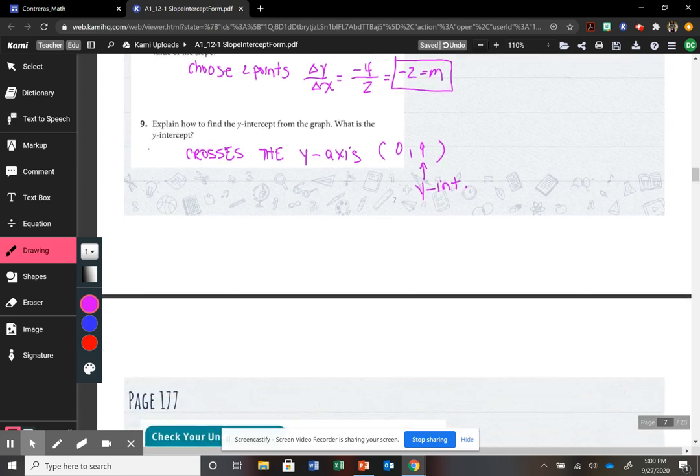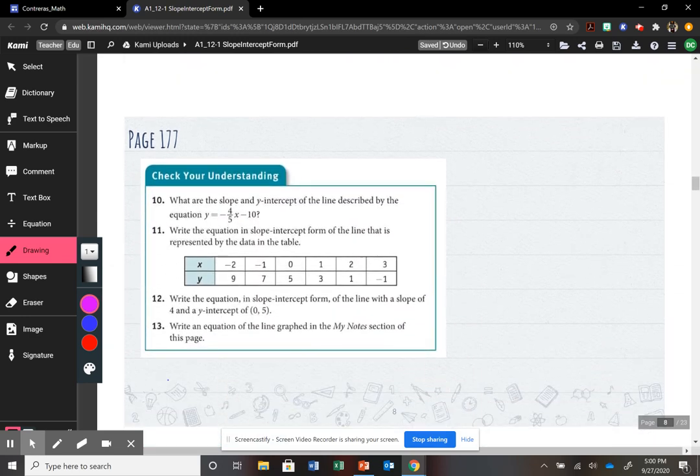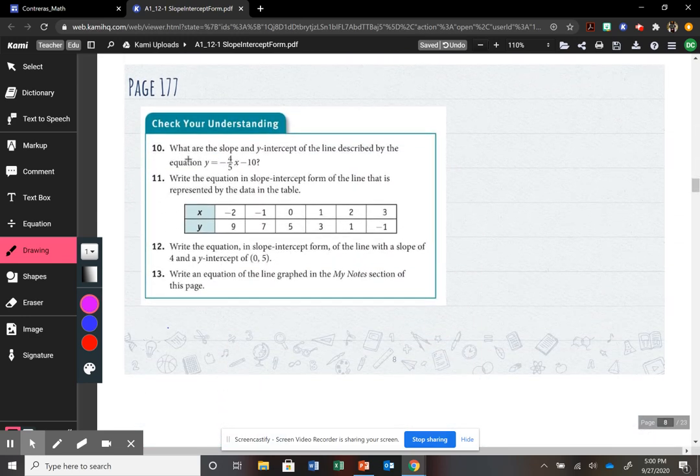Remember, if you need to pause to write this down in your notes or in your book. All right, so remember we're doing y-intercept form, or slope-intercept form, sorry. y equals mx plus b, where b is our y-intercept and m is our slope. All right, so here it says what are the slope and y-intercept of the line described by y equals -4/5 x minus 10.